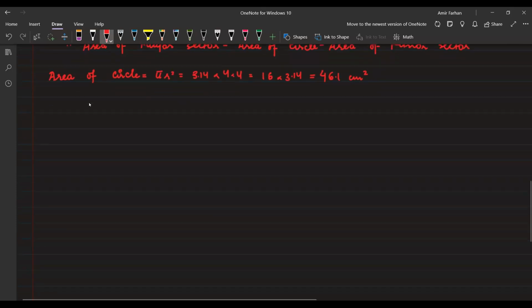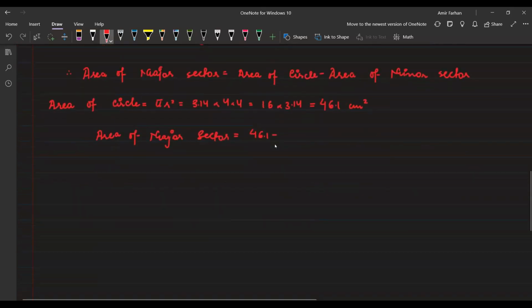Now you can easily substitute the value of the circle and the area of major sector. That is equals to 46.1 minus 4.19 centimeter square.